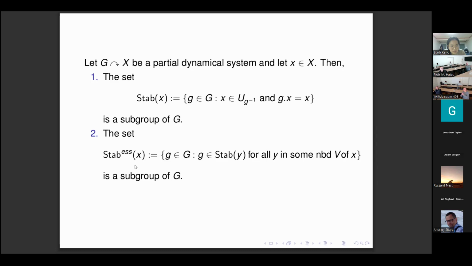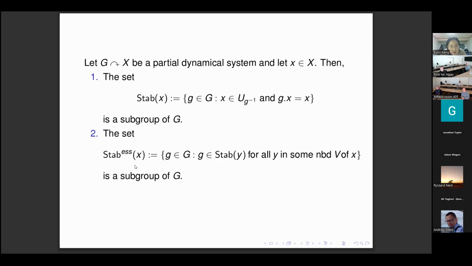So now you have some local condition, which maybe is the only one appropriate for partial actions. My feeling is that these ideas are parallel.